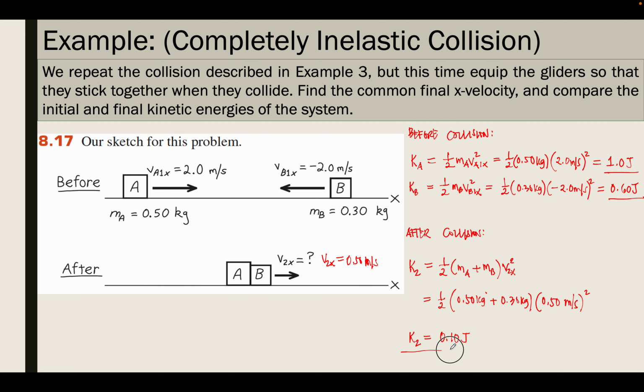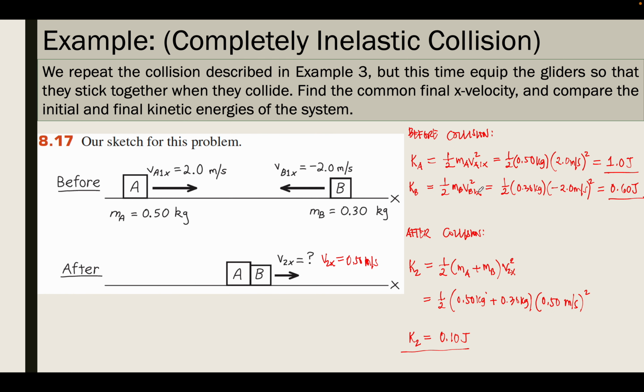Okay, so our final kinetic energy of these two gliders, after the collision, is 0.10 joule. Notice that before the collision, the kinetic energies of these two gliders are 1 joule and 0.60 joule. But after the collision, it is now much lesser than the values before the collision.